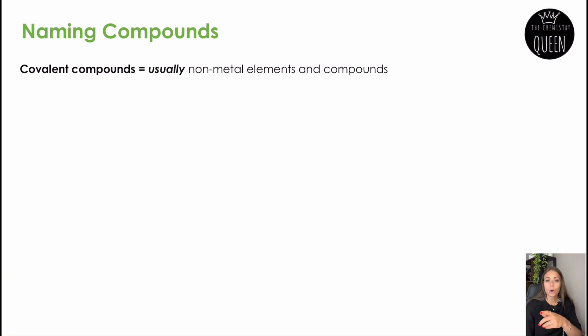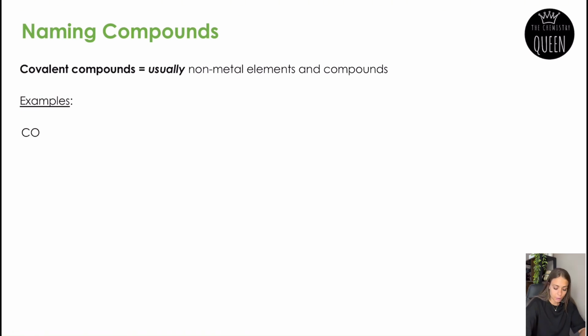Now, when it comes to oxides of covalent compounds, so non-metal oxides, you normally have to specify how many oxygens there are in the compound. So for example, with CO, this is a carbon oxide, but we can form different oxides with carbon. So we can form CO, we can form CO2. So we have to specify how many oxygens there are.